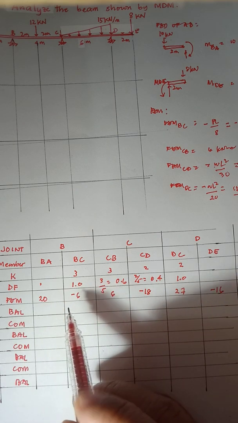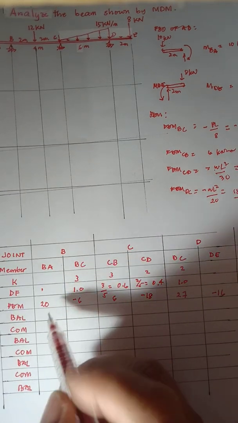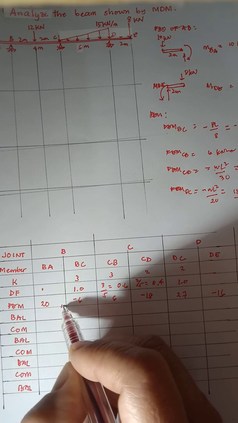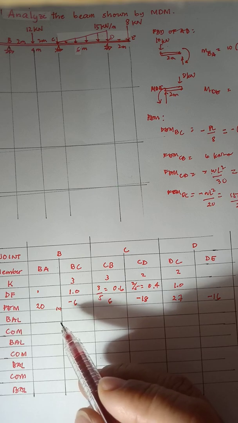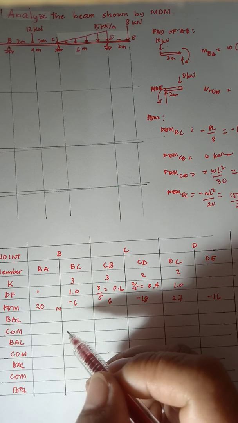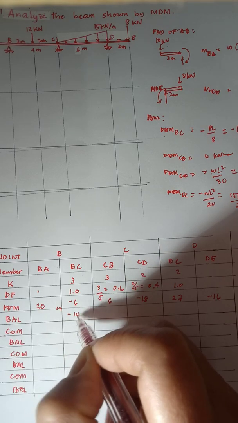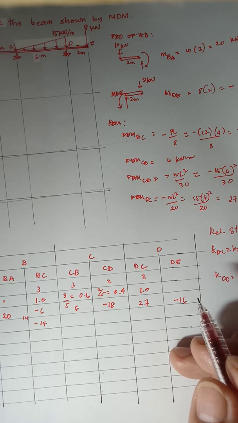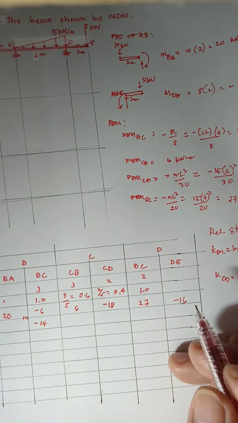Now you carry the sign of the bigger value, so the balance is positive 14. But when you balance, the sign you give is negative, so this will be negative 14. Okay. At joint C, excuse me.